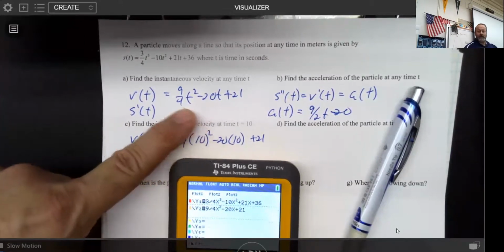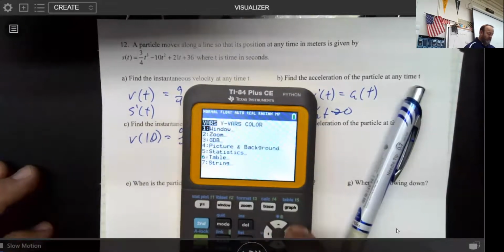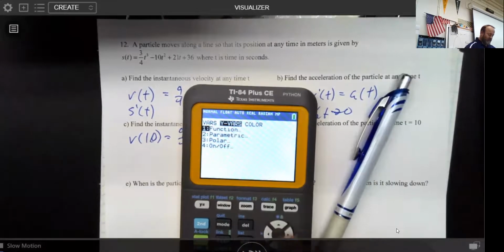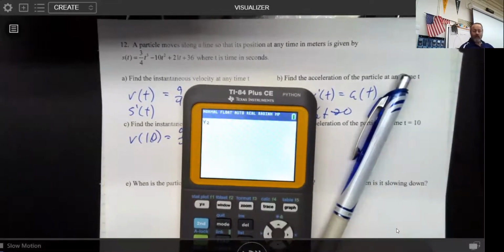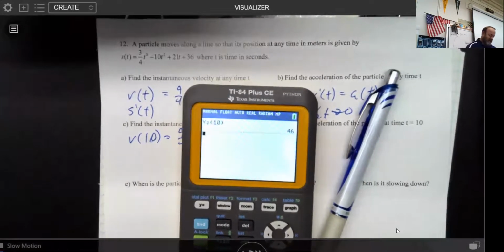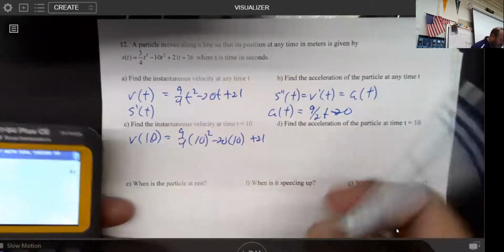There's my velocity equation, which was y2. I'll do my y bars, but instead of y2, I'm going to do function y2. I'll ask my calculator to do the grinding, and y2 of 10 is 46.